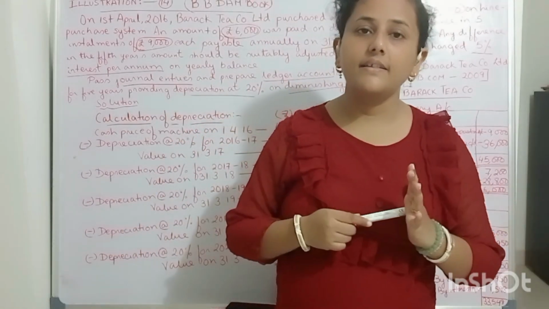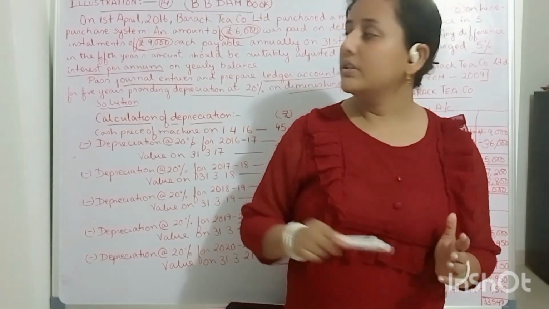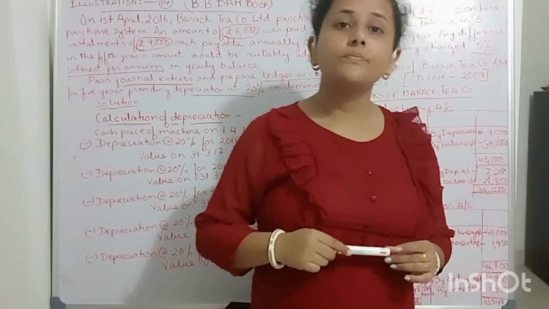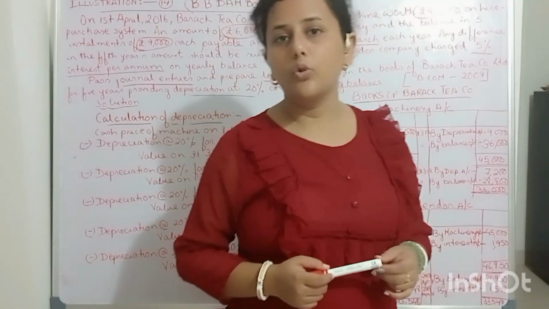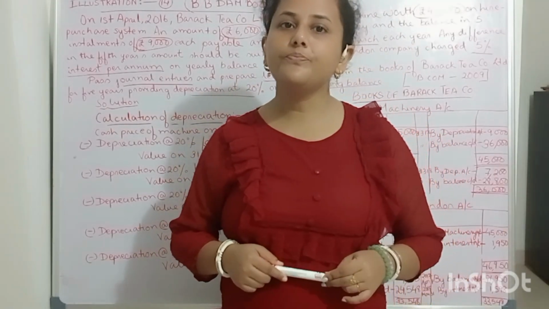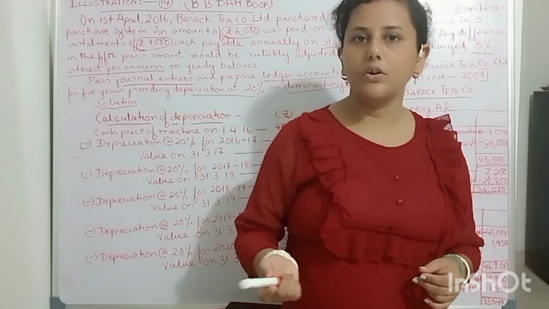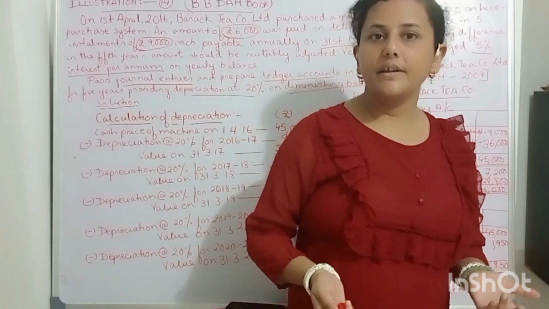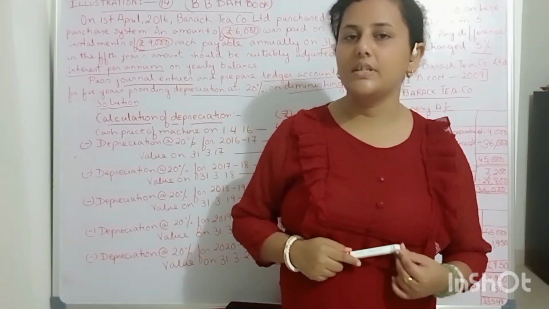Then secondly, for the payment of down payment on the date of purchase, it will be hire vendor account debited to bank account with the amount of down payment. Then for interest due, it will be interest account debited to hire vendor account, on the year ending date, like here it will be 31st March 2017.